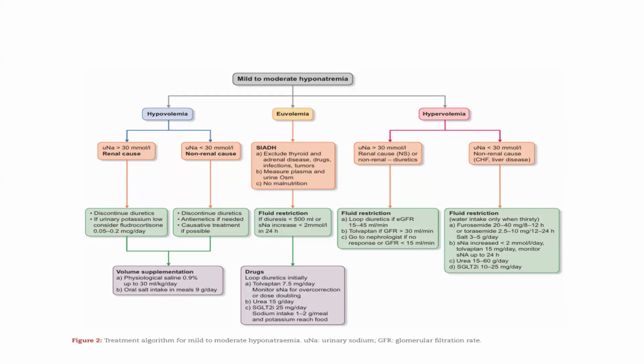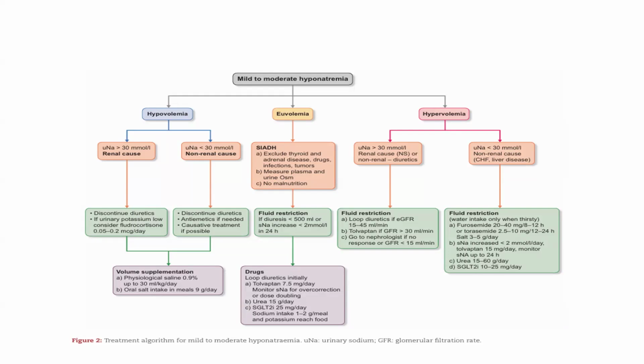If diuresis is less than 500 ml or serum sodium increases less than 2 in 24 hours, we can also take help of drugs like loop diuretics, tolvaptan 7.5 mg per day, and monitor serum sodium for overcorrection. Also, we can treat it with urea 15 gram per day and SGLT2 inhibitor, that is 25 mg per day. Sodium intake 1 to 2 gram per meal, and potassium-rich food.